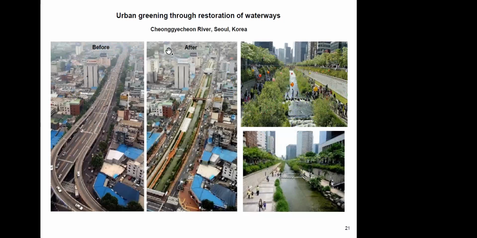Now, this is a classic example. Those of you who can try and pronounce it, it's a big city with a big river in Seoul, and this river got covered up by this major highway that went through the middle of the city here. So this is before. And then the city grandfathers decided, let's bring the river back.